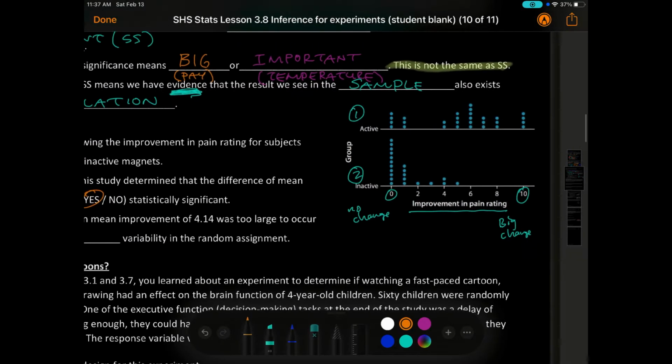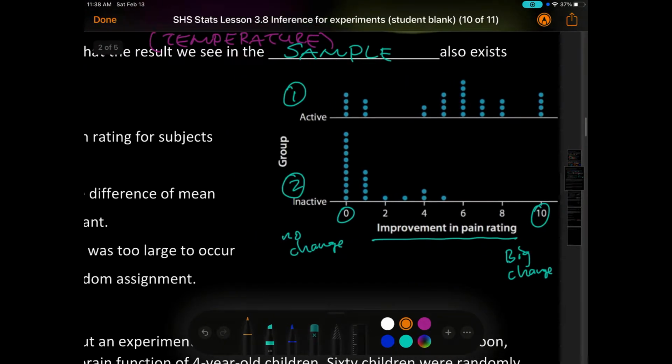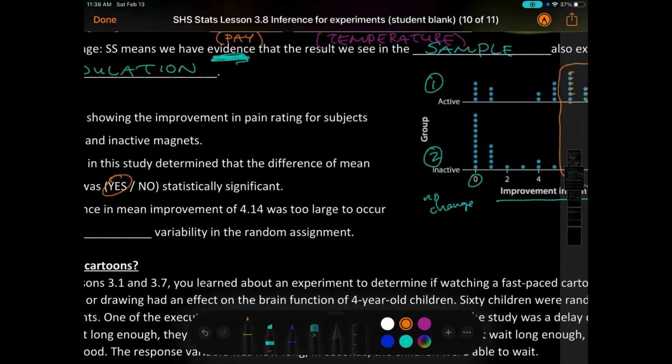You can count the number that had major improvements, right? 1, 2, 3, up to 16. 16 people said that there was significant improvement in their pain ratings.